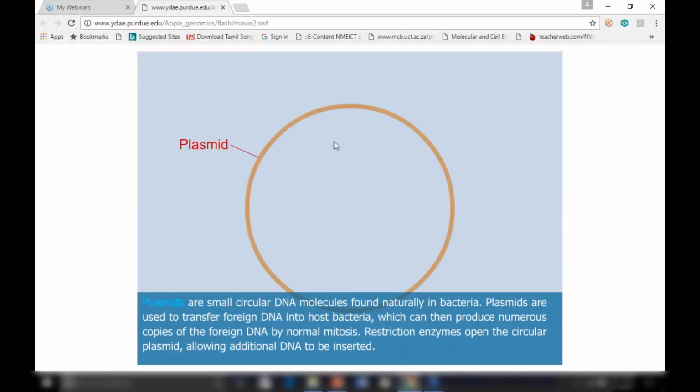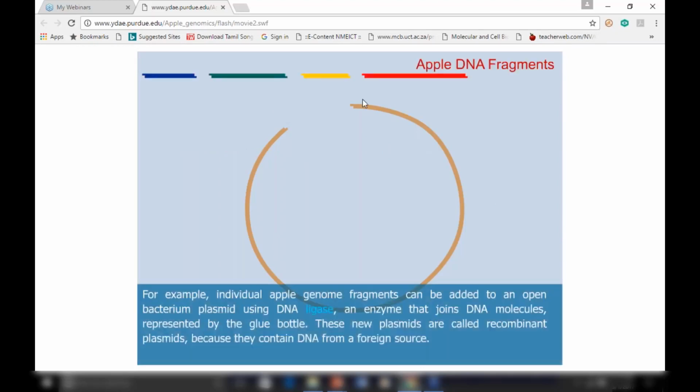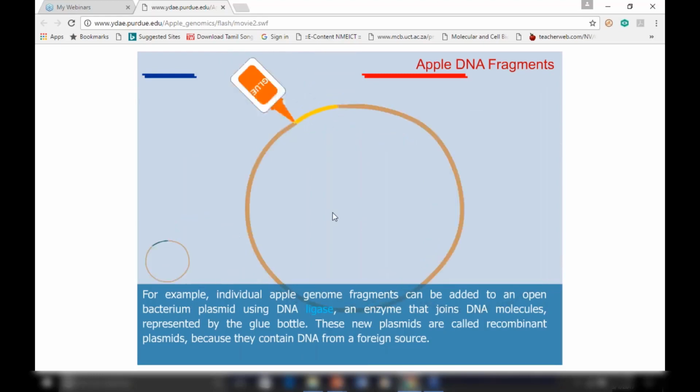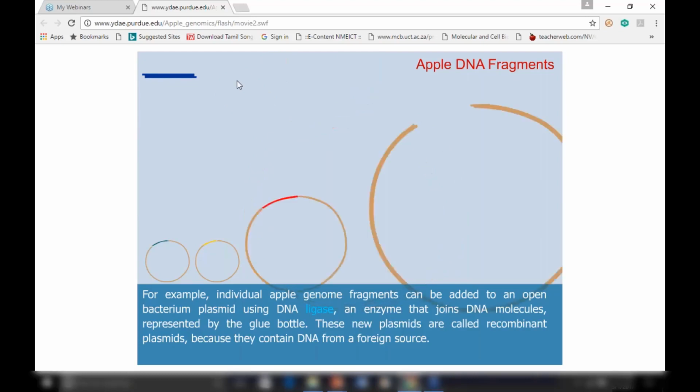Now this is the plasmid we have seen. Using the same restriction enzyme we are going to cut it, and then we are going to ligate this restricted DNA into the plasmid. You can see that, yes, with the ligase. This is 1, 2, 3, 4.